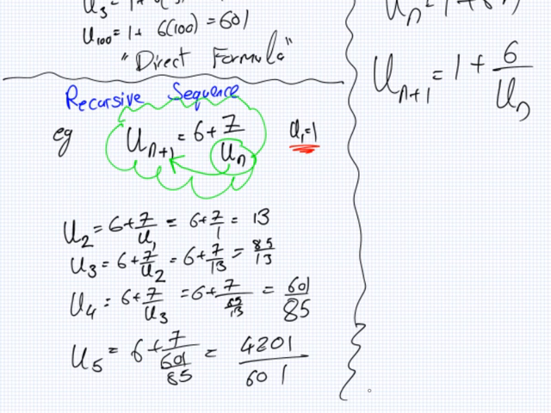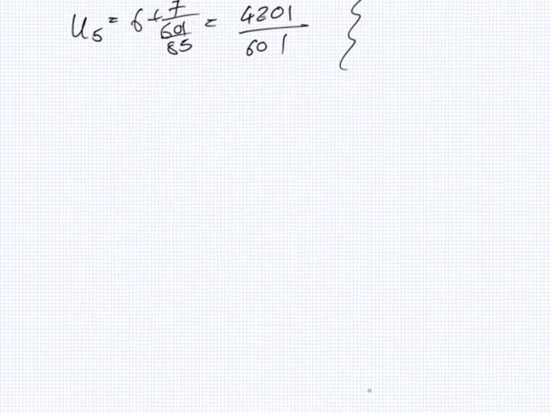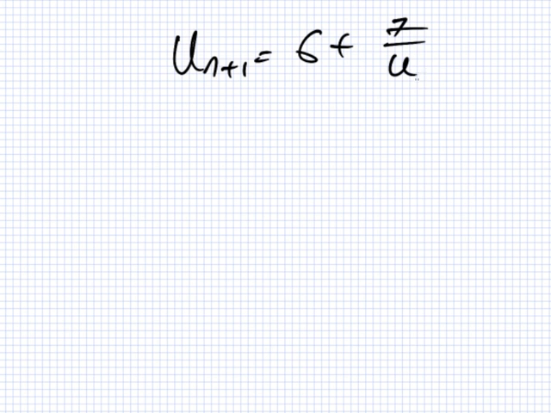Can I scroll down? Question? No? So look, the way I also think about this example, if there's a question, don't be shy. No? If I have u_(n+1) equals 6 plus 7 over u_n, you can think about it like this in words.